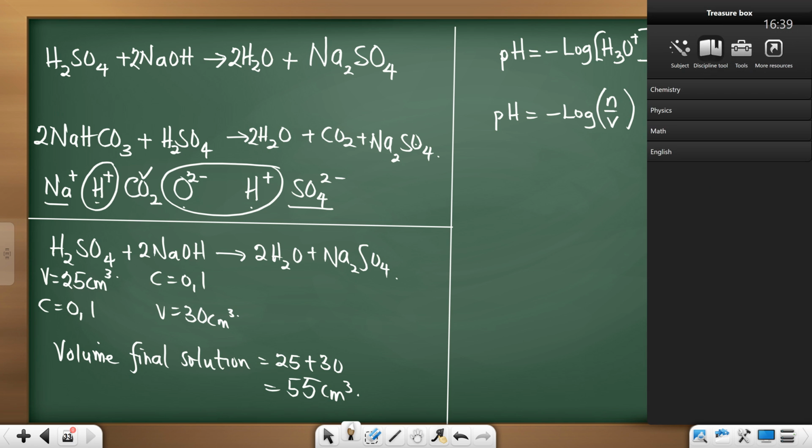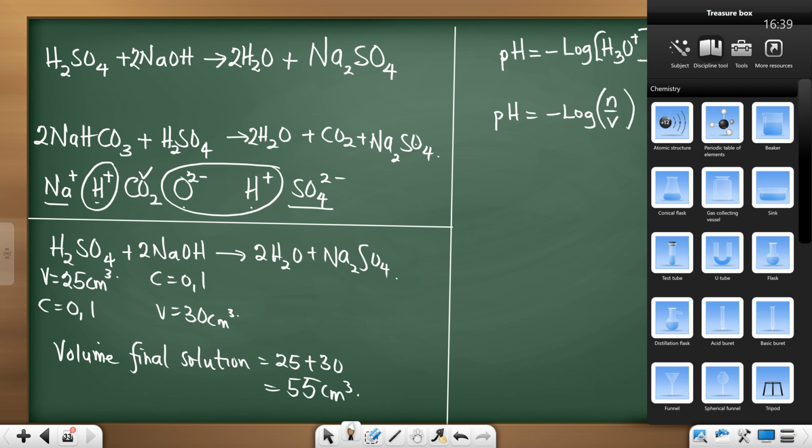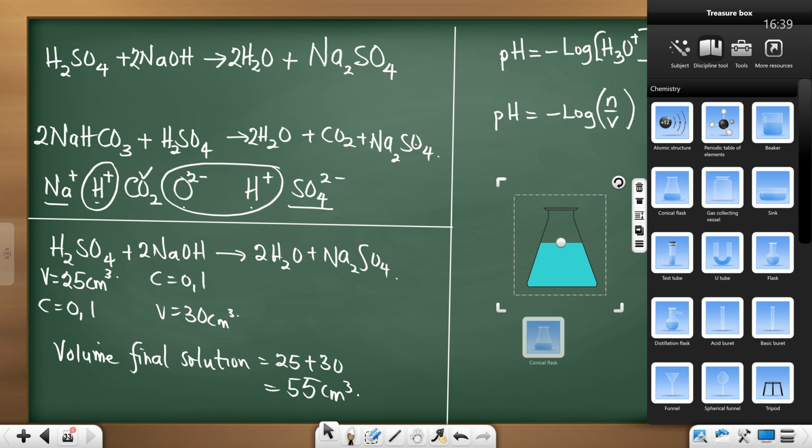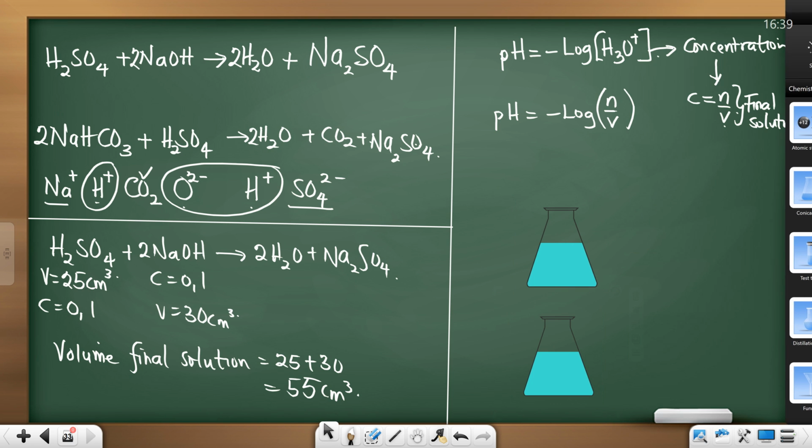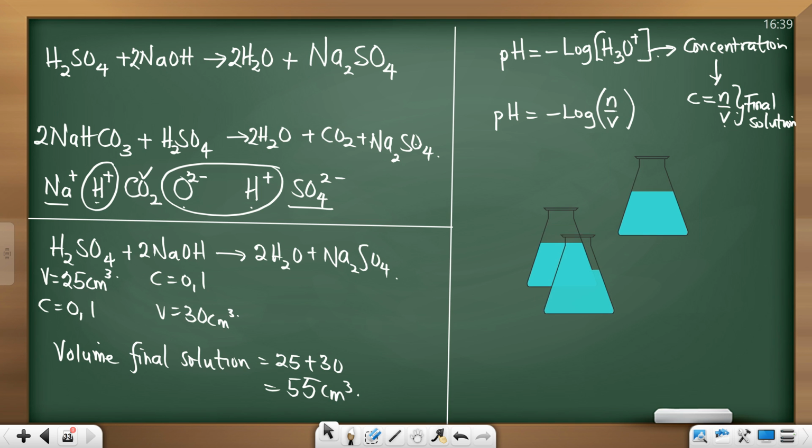You said it was added. Yeah, it was added. It's as simple as that. Just follow the instruction. Guys, it was just added. Check here, which one was added? 30 cm cube was added.